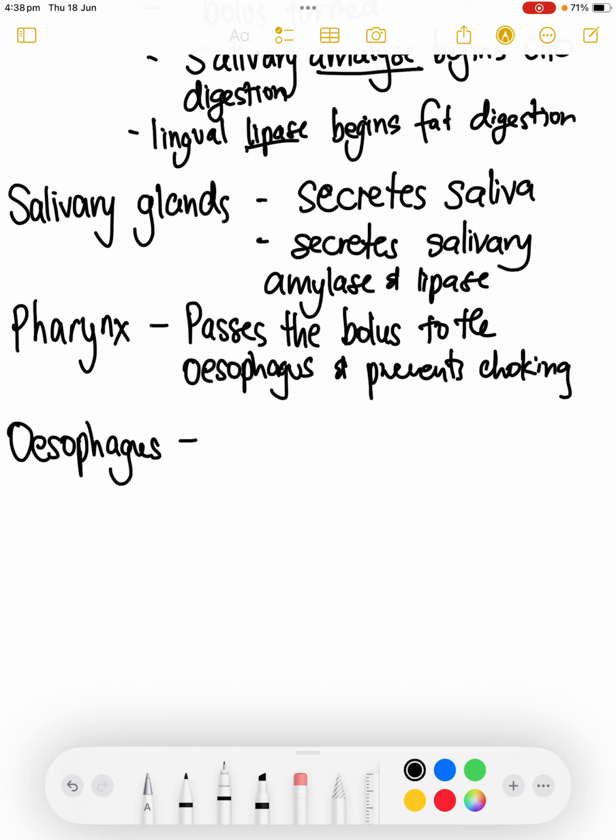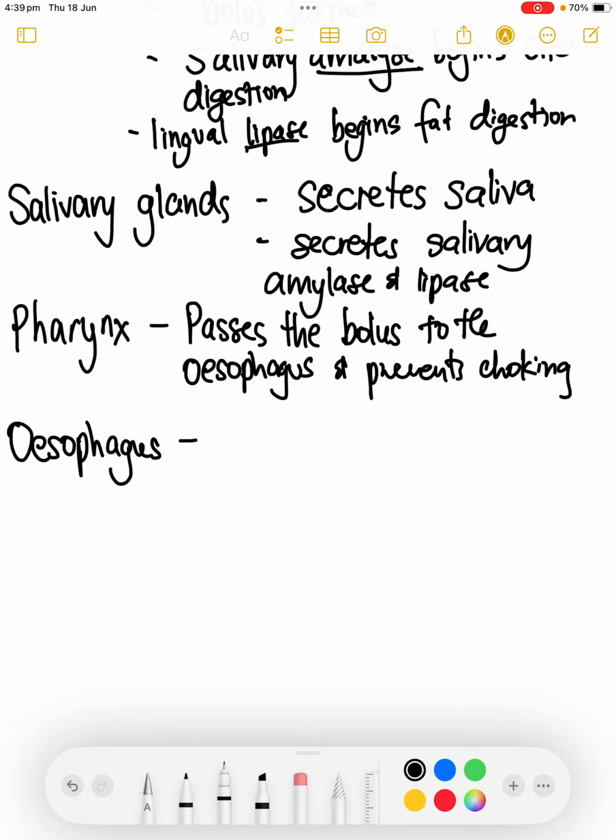The next one, let's go down a bit. Esophagus. What is the esophagus? Well, it actually allows for peristalsis, which pushes the bolus to the stomach. There is also a sphincter at the end of that esophagus that closes and stops the backflow, which prevents reflux too.